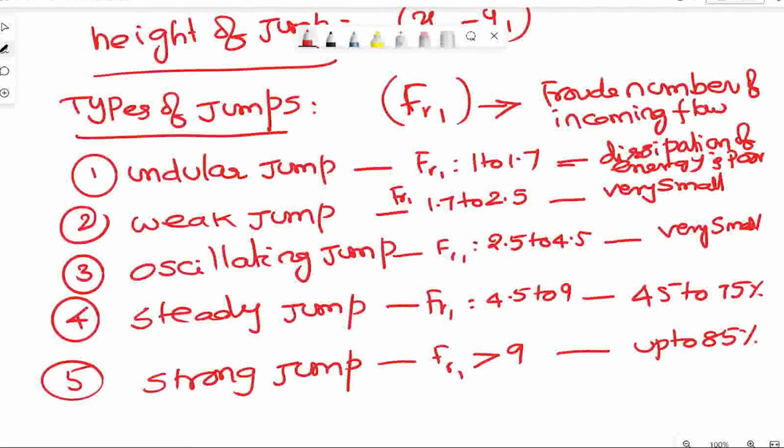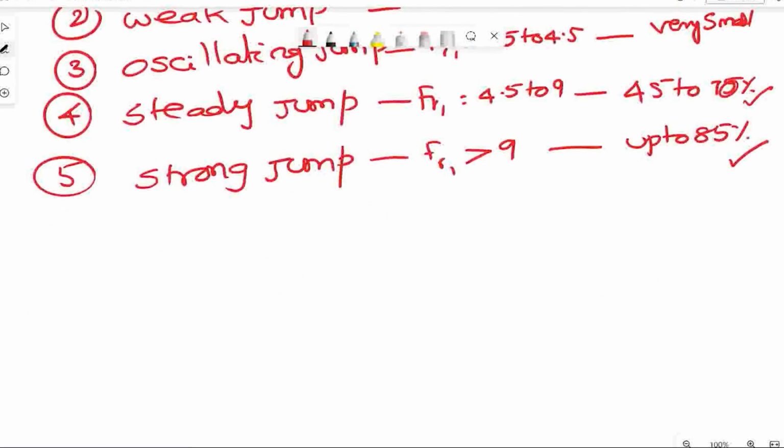If you create a strong jump, 85% of the energy of the incoming flow can be dissipated. If you create a steady jump, we can dissipate up to 75% maximum. So 75 or 70, whatever it is, doesn't matter. The remaining three jumps dissipate very little energy, 20%, 25%, like that.